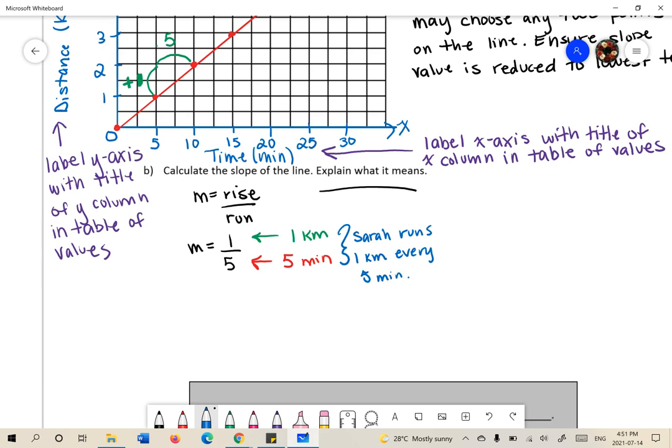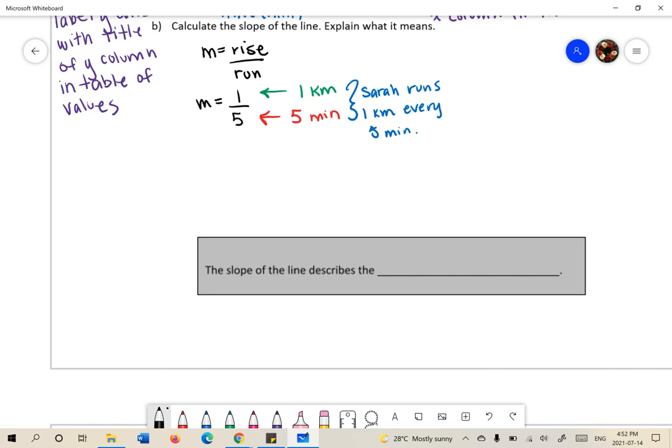So if we wanted to find the rate of change, we found the slope, but to find the rate of change, what we could do is we can actually just convert this slope into decimal form and include a unit rate, or both units that are part of this question, so minutes and kilometers. So 1 divided by 5 is 0.2.